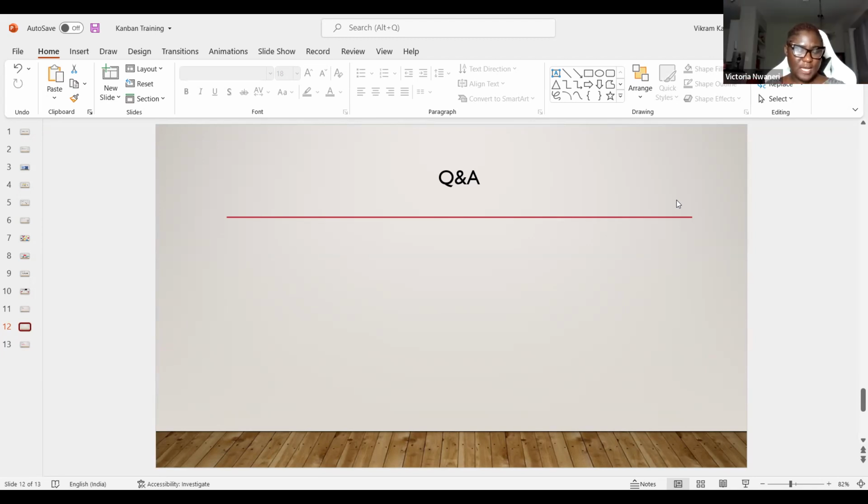Does Kanban use velocity and capacity? If you're using Kanban and Scrum together, then yes, you can. Okay. And the next question says, what are the events in Kanban?